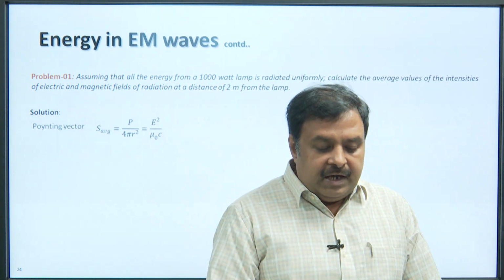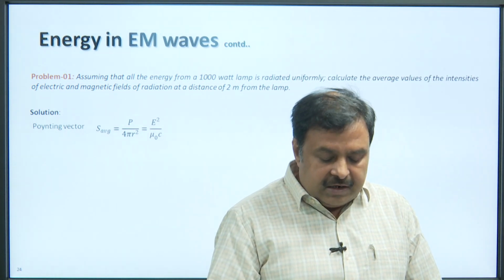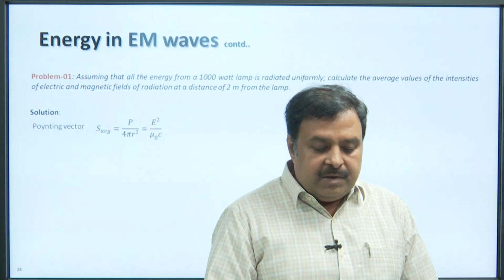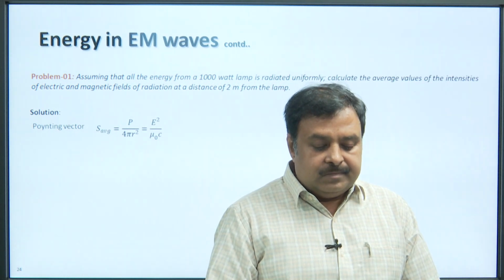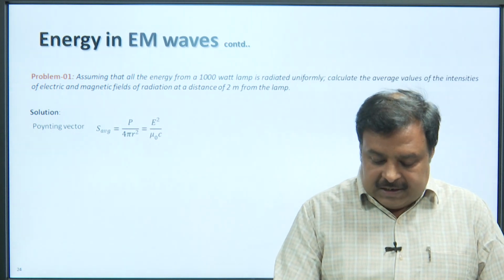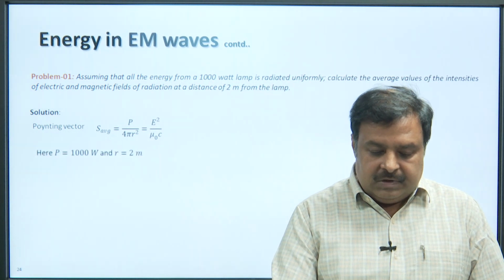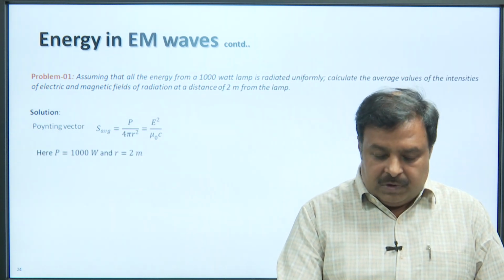The average energy you can evaluate as P upon 4 pi r square, and this is the same as E square by mu 0 c. Here P is 1000 watt, r equal to 2 meters.